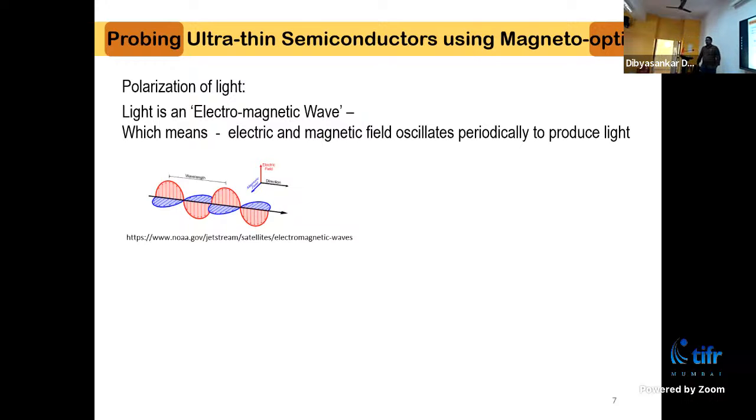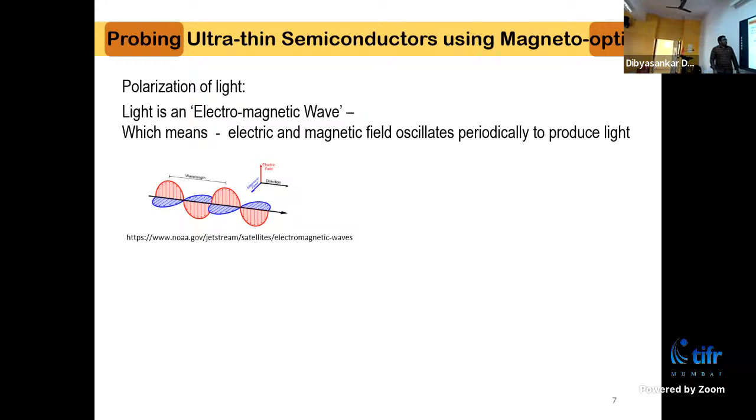we are dealing with light, which is basically an electromagnetic wave. What does it mean? It's a simple thing: whatever light we see, it has one electric field component and a magnetic field component, and they are perpendicular to each other. So if the electric field oscillates in this way, the magnetic field oscillates in this way, and when the electric field and magnetic field oscillate in perpendicular planes, that produces electromagnetic waves.